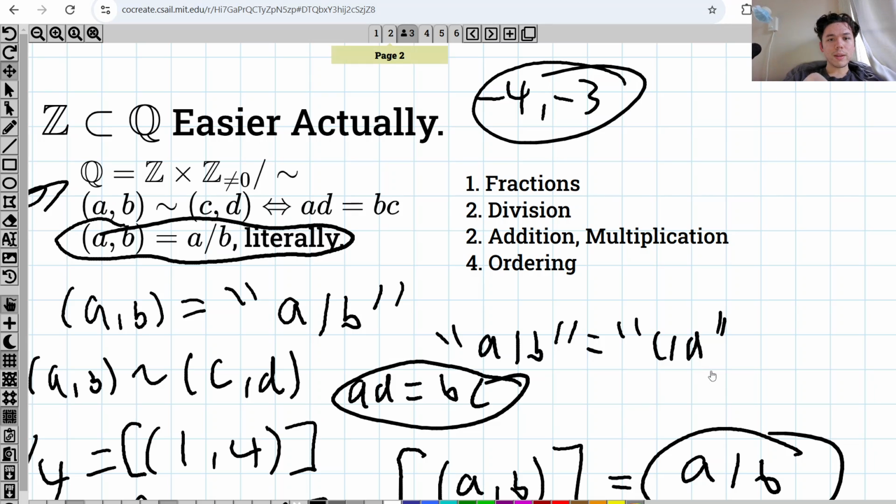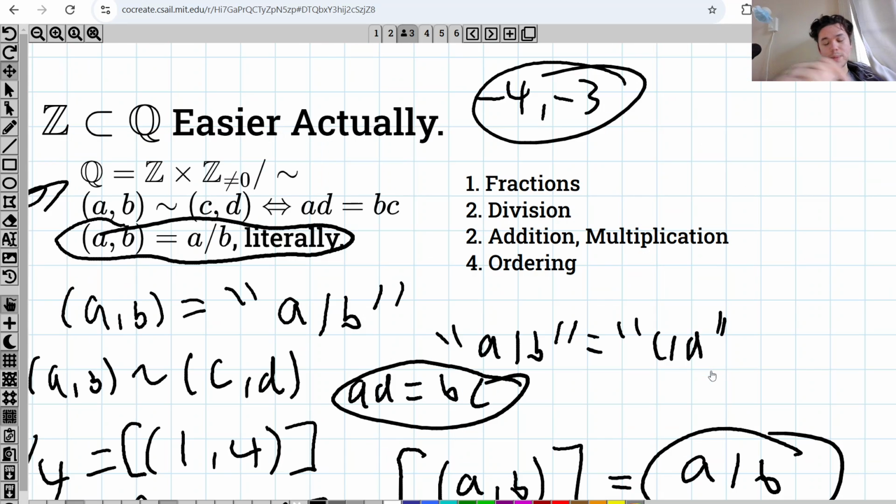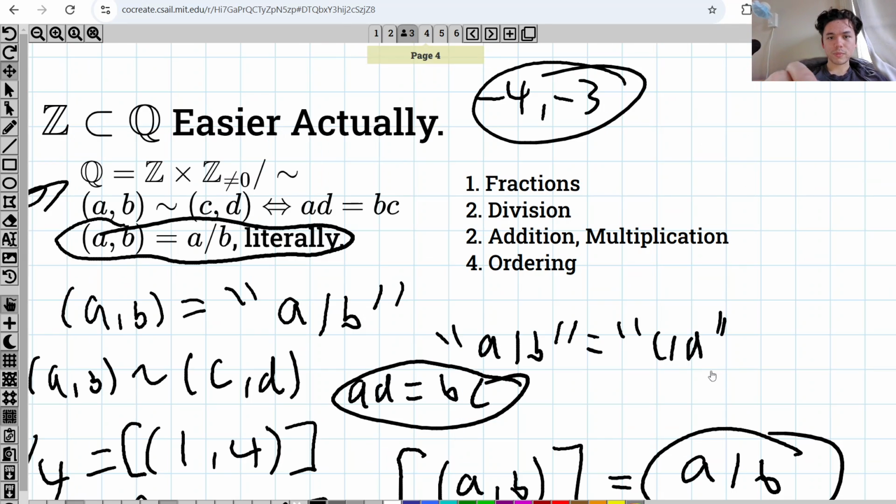And so this process of the Cartesian product modding equivalence relation, which happens a lot in mathematics and has already been used twice, and we'll do the Cartesian product one more time when constructing the complex numbers. I'm going to leave this as an exercise if you want to practice with understanding how these constructions work.